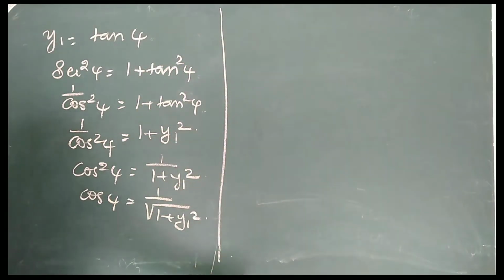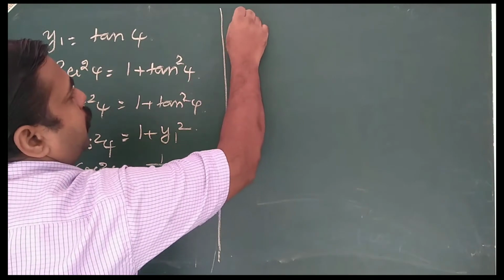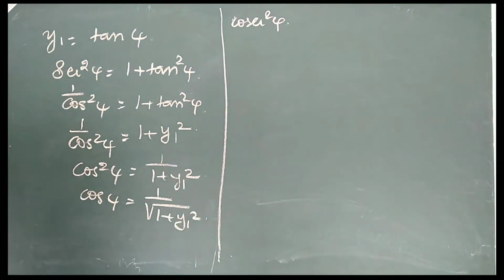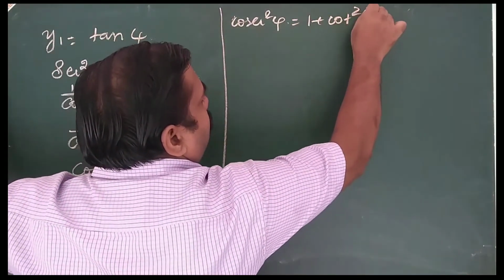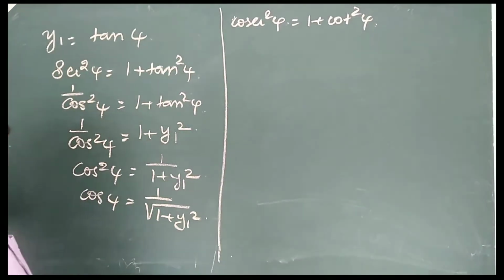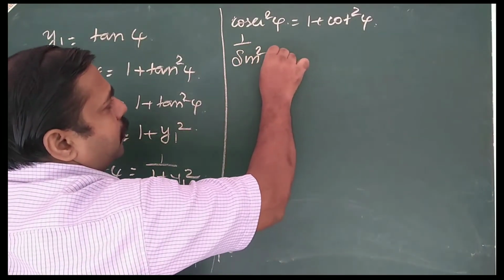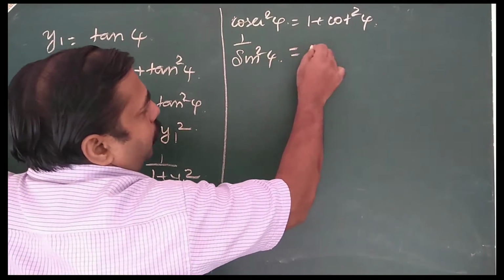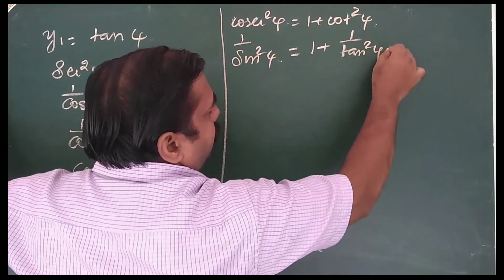Now cosec square psi equal to 1 plus cot square psi. So that is 1 by sin square psi equal to 1 plus cot square psi, that is 1 by tan square psi.